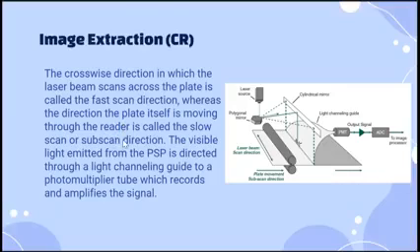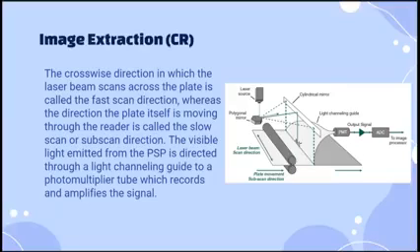The visible light emitted from the PSP is directed through a light channeling guide to a photomultiplier tube, which records and amplifies the signal. So there are some light channeling guides here, or fiber optics, or light optics, that will guide the light towards the photomultiplier tube.